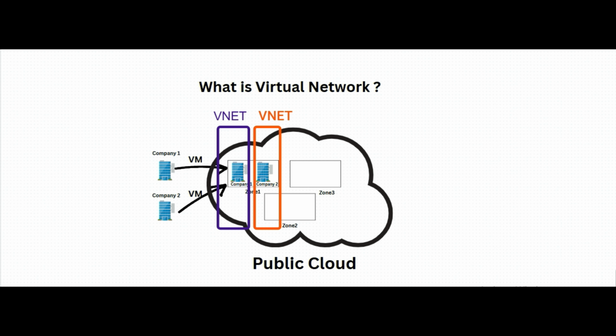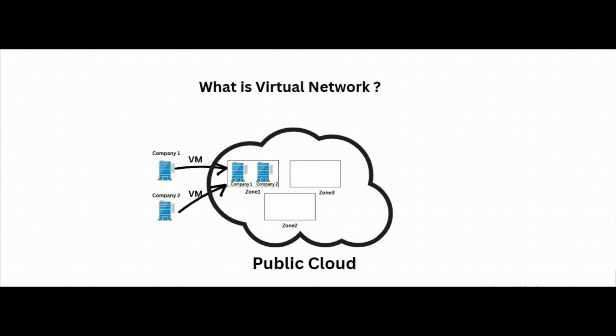The VNets are independent of each other. Then what happens? The customer related data or resources remain secure and don't mix for company 1 and company 2. The security of the data is restricted, and each company has full control over its respective VNet and resources.